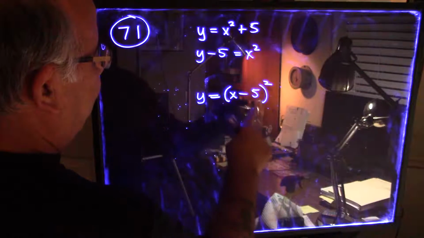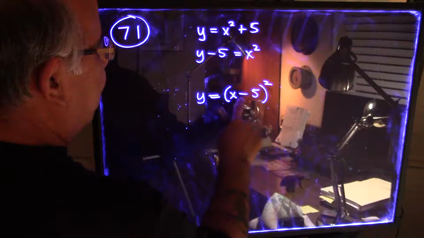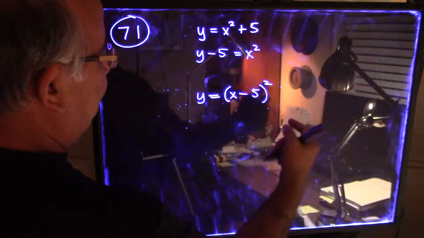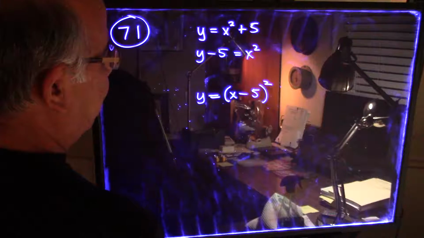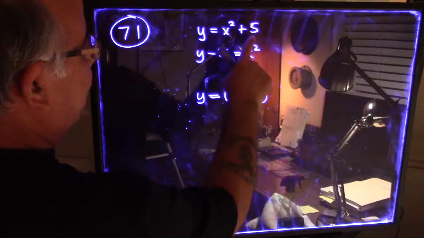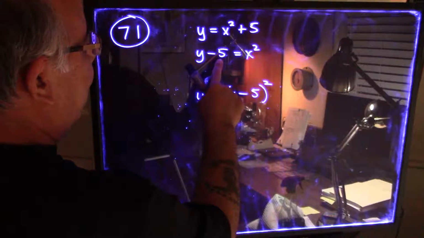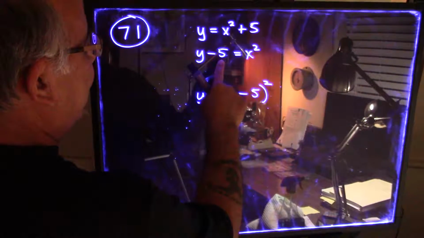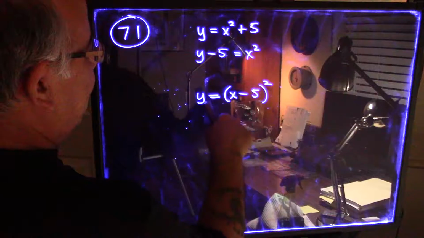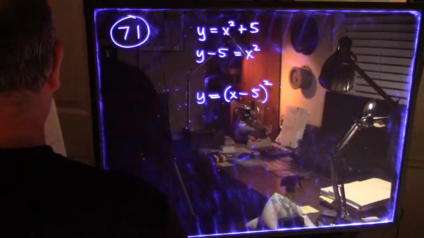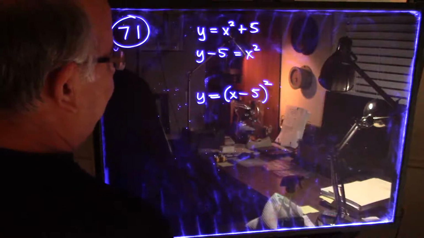If that were a negative 5, it would be x minus a minus, which is x plus 5. And a negative 5 would cause a shift to the left. Same here. If this were minus, that would be minus a minus 5, or y plus 5, and that would be a shift down. This is a shift to the right, and so that will be 5 units.